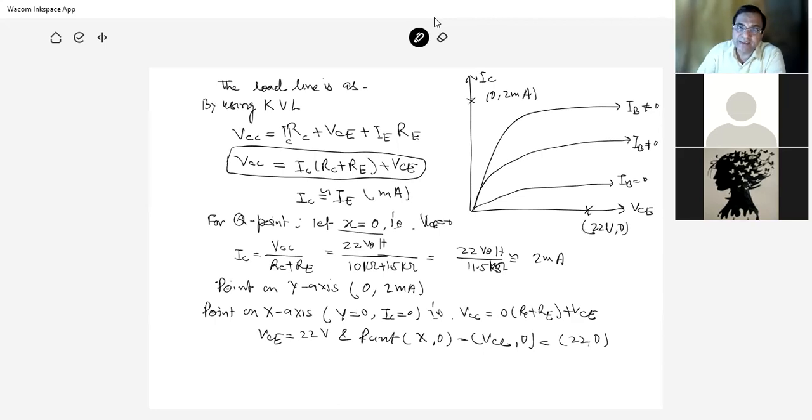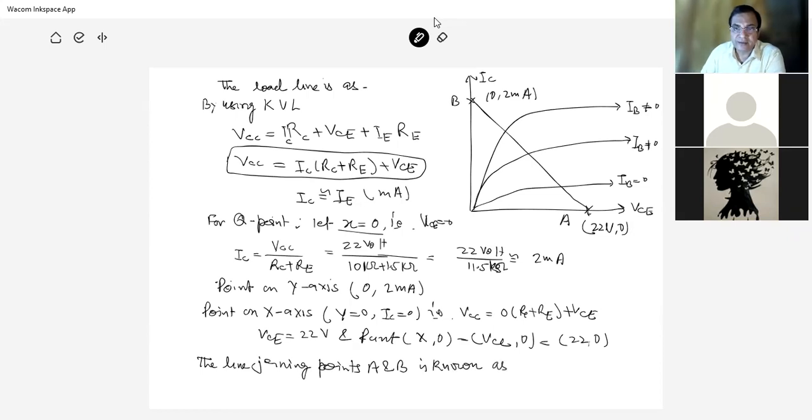So suppose this point is somewhere 22 volt and 0. By joining these, say this point is A, this point is B. The line joining points A and B is known as load line.